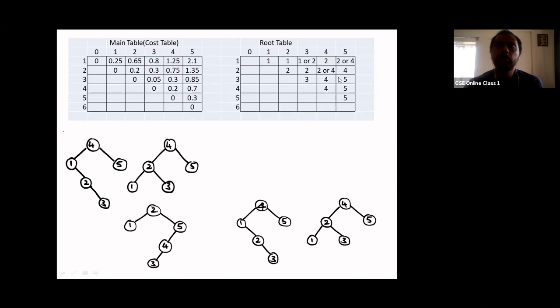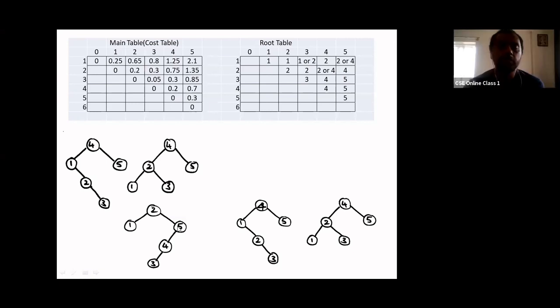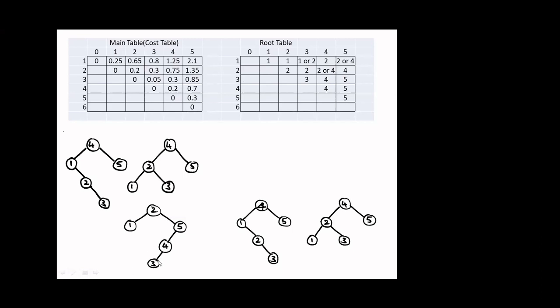So 5 will be made as a parent among 3, 4, 5. So if 5 is the parent, then 3, 4 has to lie on the left hand side. So among 3, 4, third row and fourth column, we have root 4. So among 3, 4, 4 becomes the parent and 3 becomes the left child.